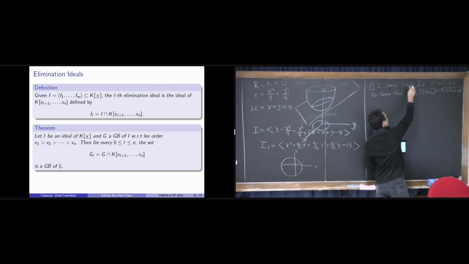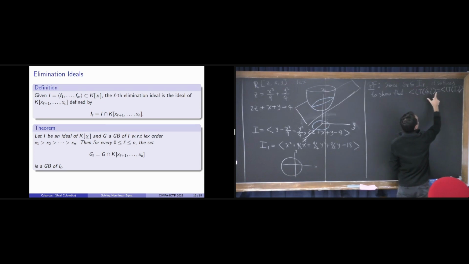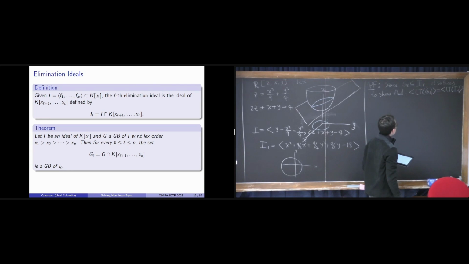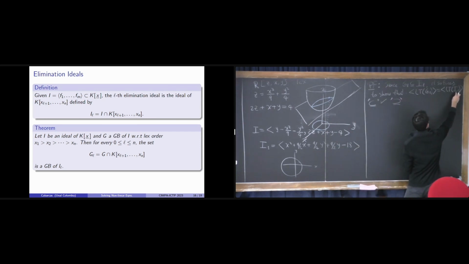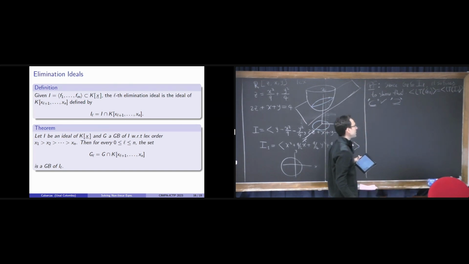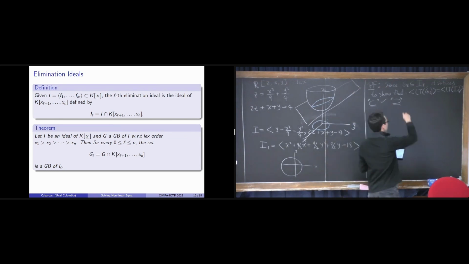Since G_L is contained in I_L, it suffices to show that they generate all the leading terms of the elimination ideal. This containment is immediate because it's a subset. What we really want is to show that every leading term in the elimination ideal can be found as a leading term of the ideal generated by the leading terms of the G_L's.